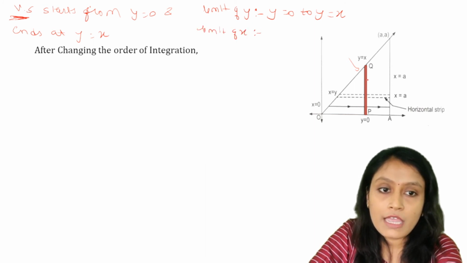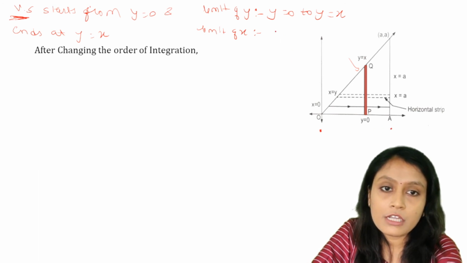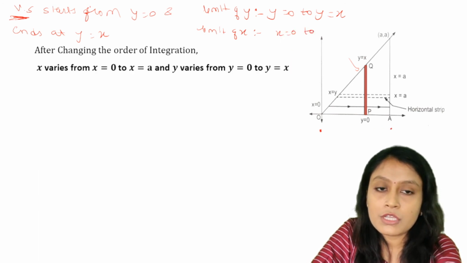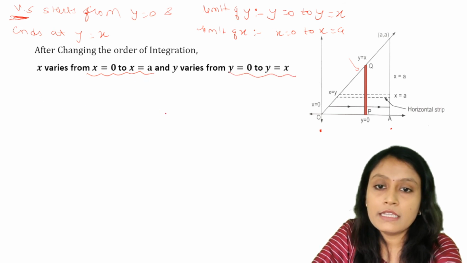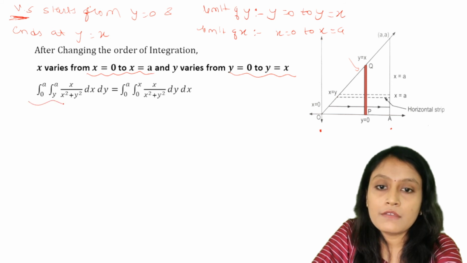So we have this vertical strip, just move this strip. The limit of x is from 0 to a, so x is equal to 0 to x is equal to a. So you can say that x varies from 0 to a and y varies from 0 to x.